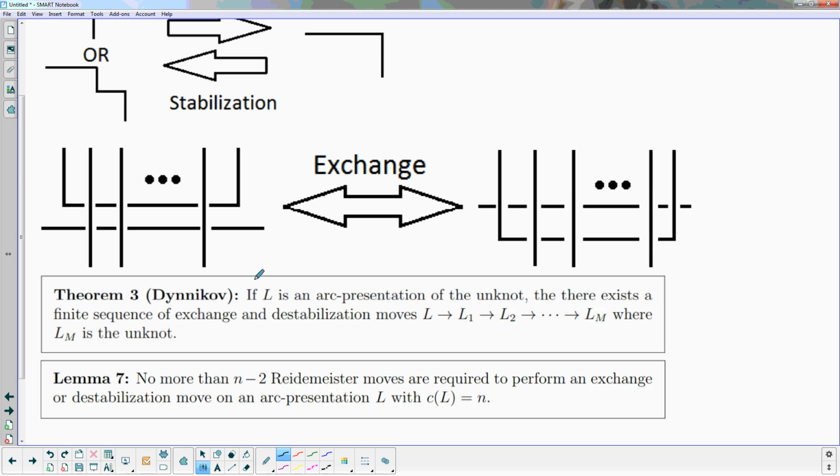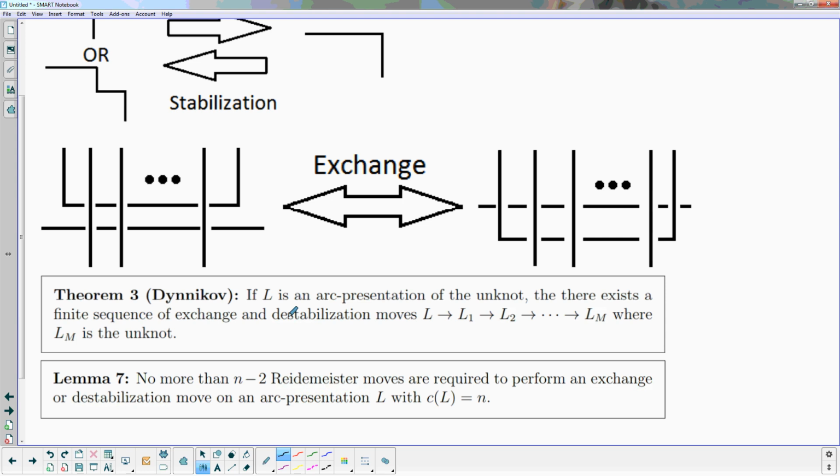The third theorem, the third key fact that we have, and these are the numbers from the article itself. I just group them with their best fitting places. It says that if L is an arc presentation of the unknot, then there's a finite sequence of exchange and destabilization moves that takes whatever arc presentation you have to the unknot.